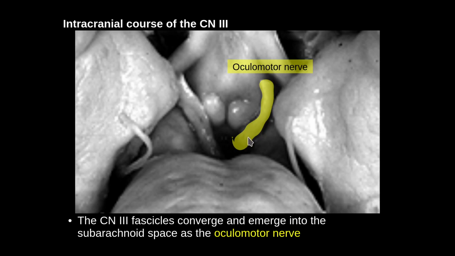The rootlets of the third nerve are not visible because they actually converged inside the substance of the midbrain before it comes out like this. So it emerges into the space here as the oculomotor peripheral cranial nerve.